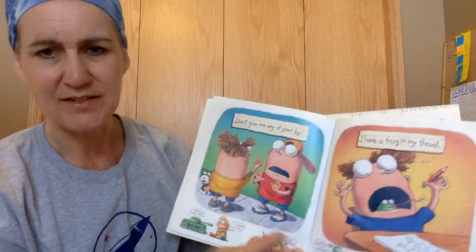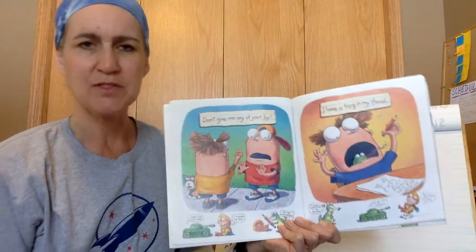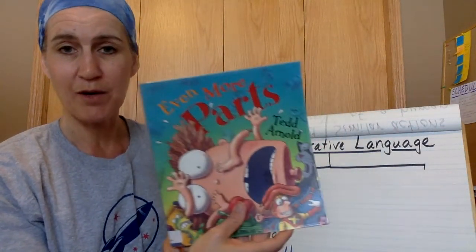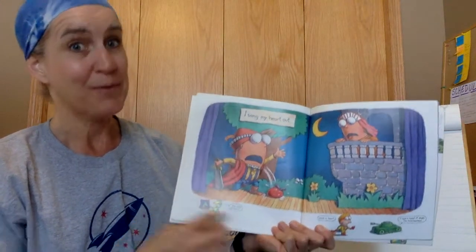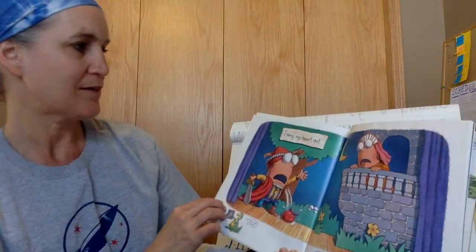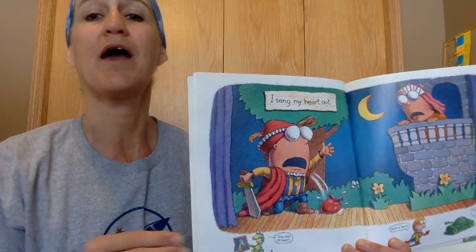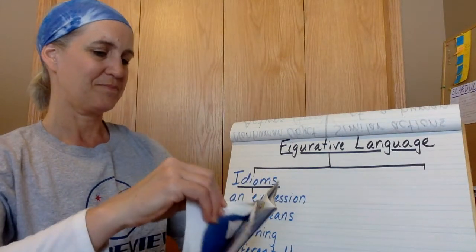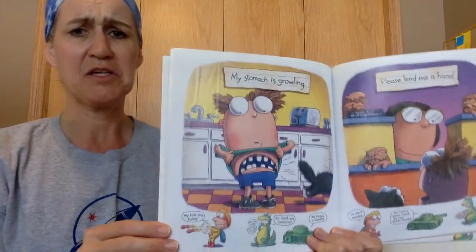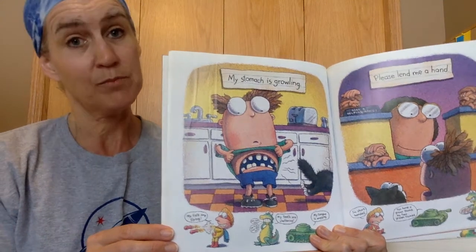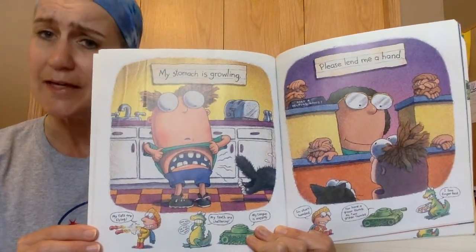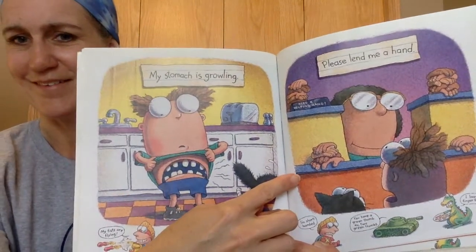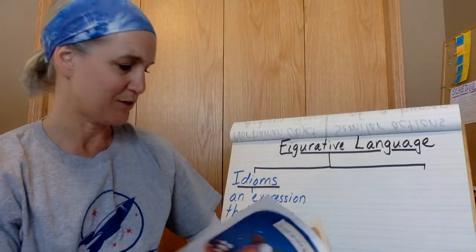I know there's more text down here in little speech bubbles. For the sake of time, I'm not going to read through those. But sometime, if you were to come across this book, you could spend some time really enjoying the full text. I sang my heart out. My stomach is growling. I'm sure you've used that one. Please lend me a hand. Can't help but laugh when you look at some of these pictures.